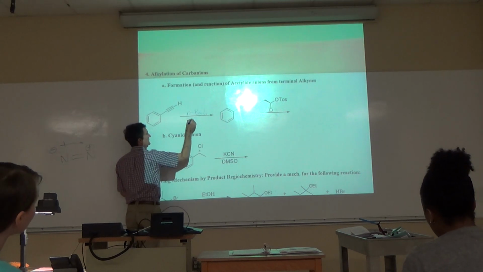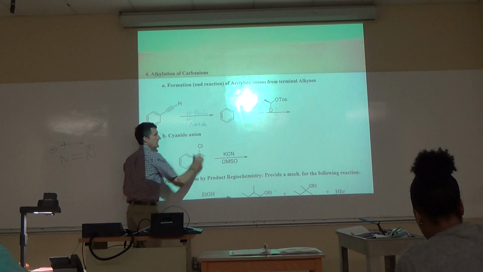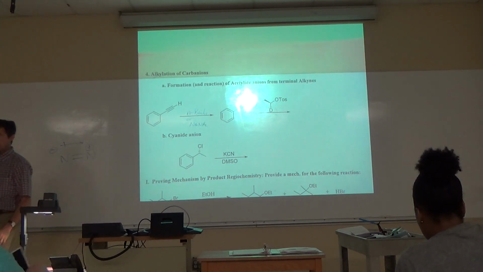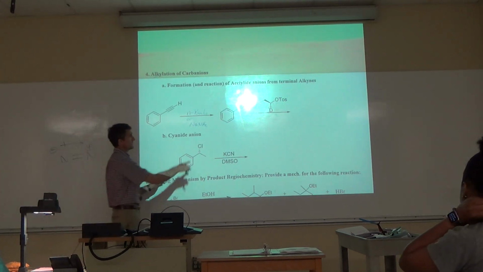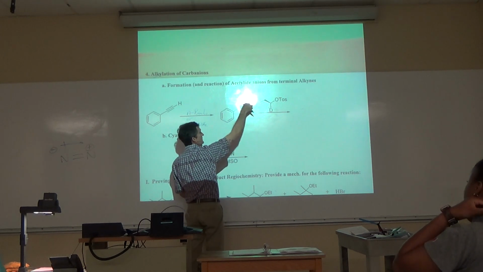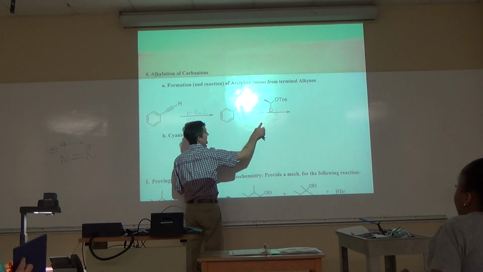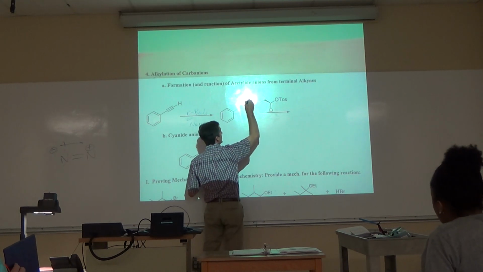Or what other base did we use? NaNH2, this was the handout that has the minus comment. Okay. But we made the carbanion here. It can be made because it's sp. Now we throw in a carbon with a leaving group, and can we do chemistry?